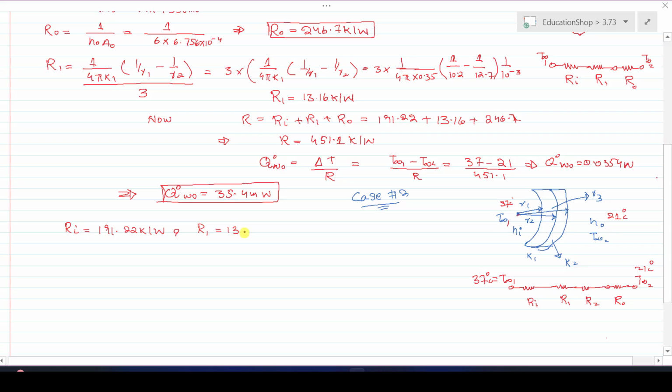Next, we need to find R2, that is equal to 1 divided by 4 pi K2, thermal conductivity of the second layer, times 1 divided by R2 minus 1 divided by R3. Since this resistance is for the whole spherical object, but we consider only 1/3, we divide it by 3 to get the resistance only for the 1/3 portion. By rearranging, we can write it like this.